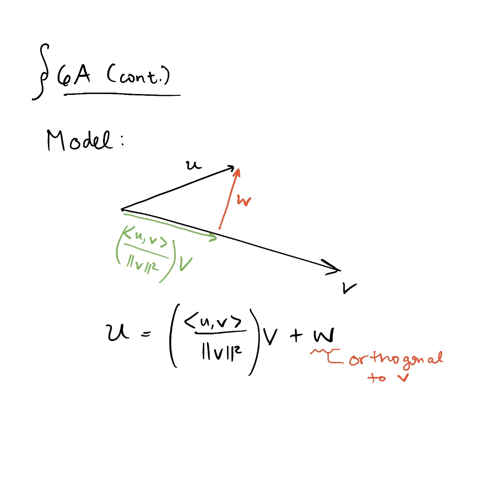This is our model. We have a way to take any two vectors and decompose one of them into an orthogonal decomposition with respect to the other one. That's going to purchase us a lot. And right now, it's going to purchase us the big theorem of section 6a.